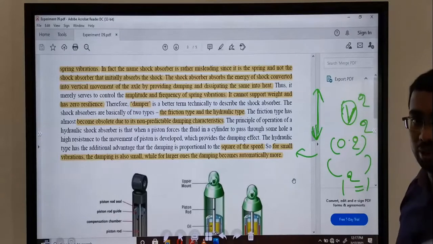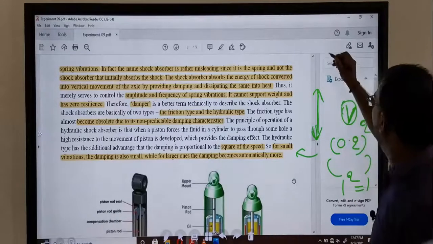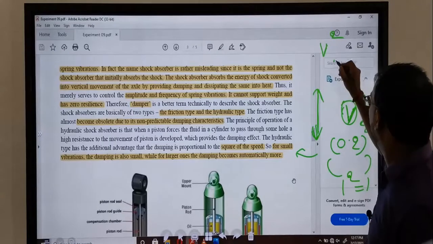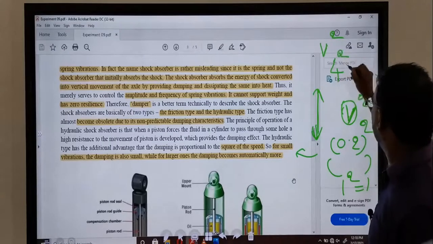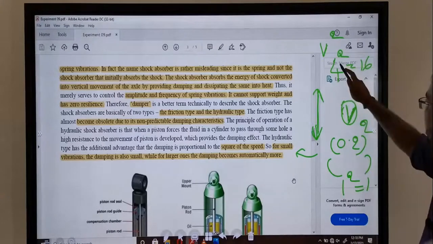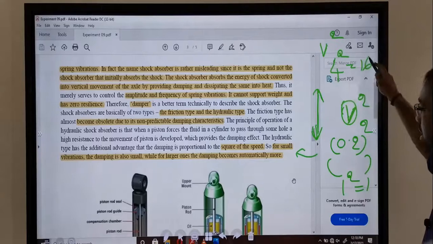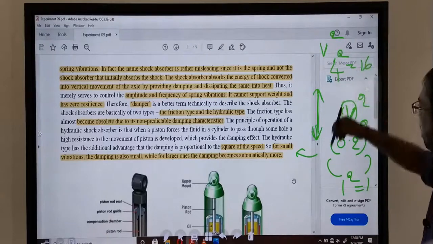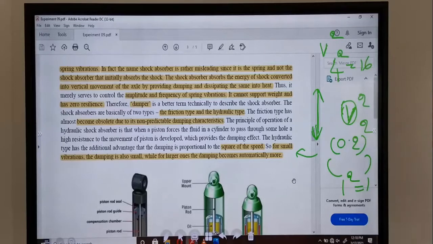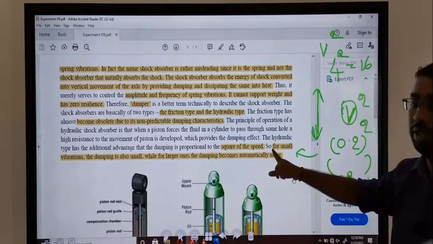With larger vibration and large speed, for example, V squared, if we give 4, 4 squared goes to 16. So when vibration is increased, it gives high displacement, and the damping becomes automatically more.